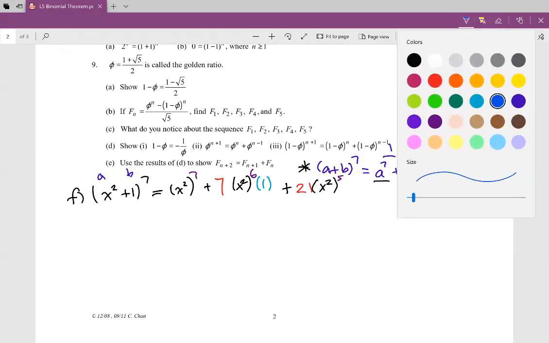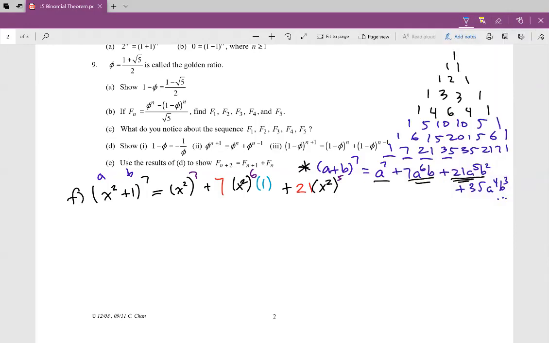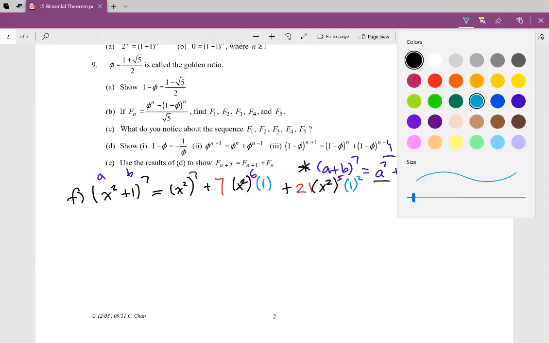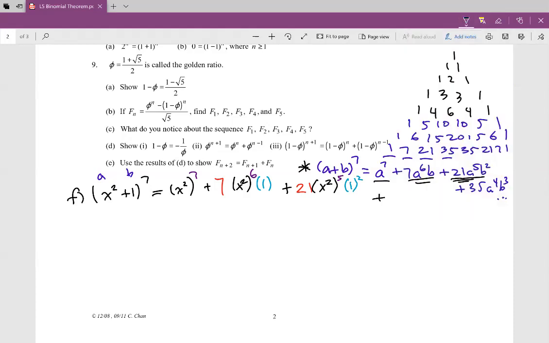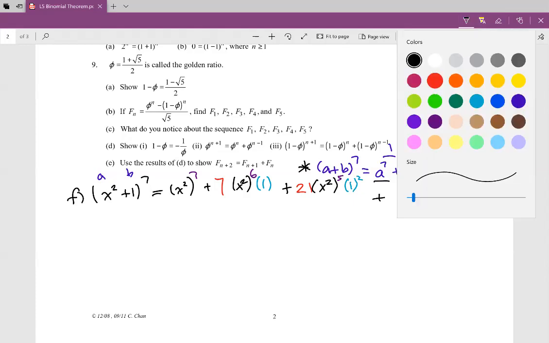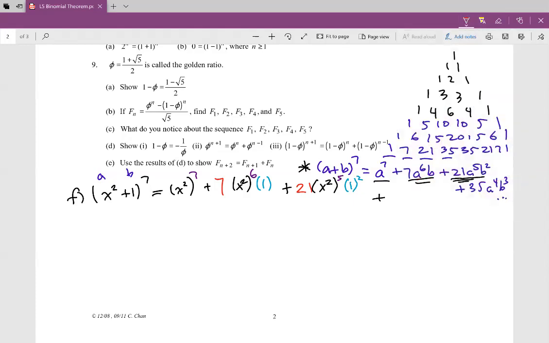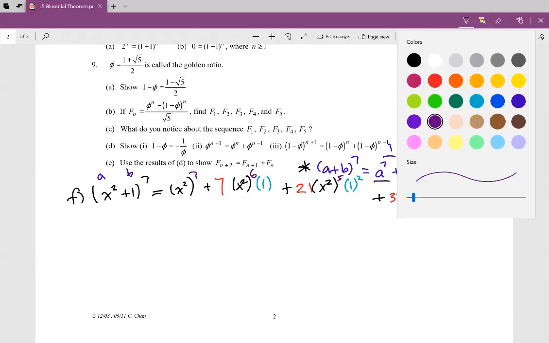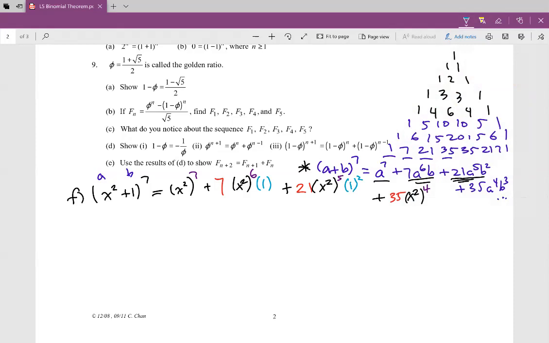And then we've got the blue 1, and notice that's a b squared, so that's going to be squared there. And a fourth one is going to be plus 35 x squared to the 4, and then the b, or the 1, cubed.